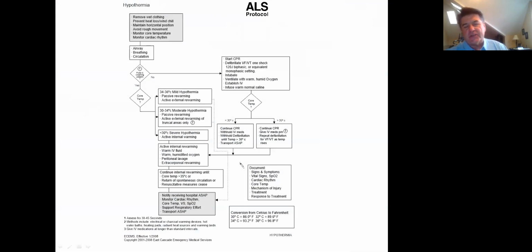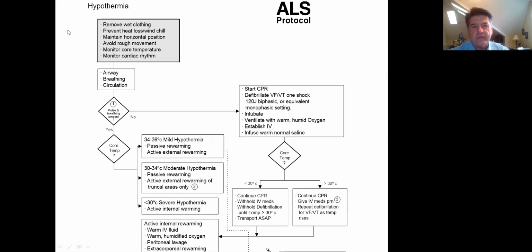This is just a copy of our Central Oregon hypothermia protocol. I'll zoom in right here, and it's basically what we talked about. Remove the wet clothing, prevent heat loss, maintain horizontal position, avoid rough movement, monitor the core temperature, that means rectal thermometer, and monitor cardiac rhythm.